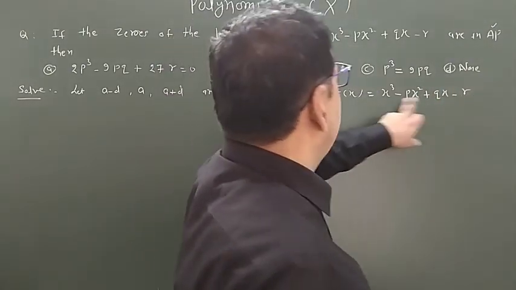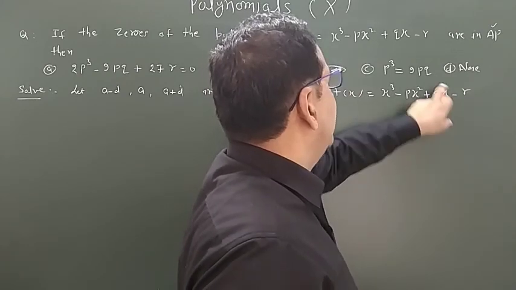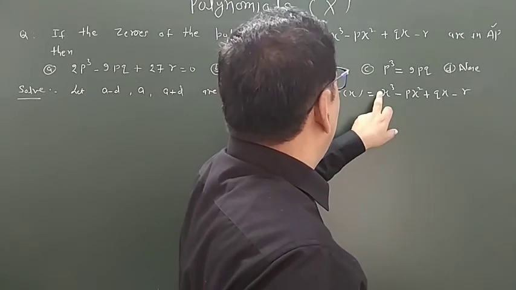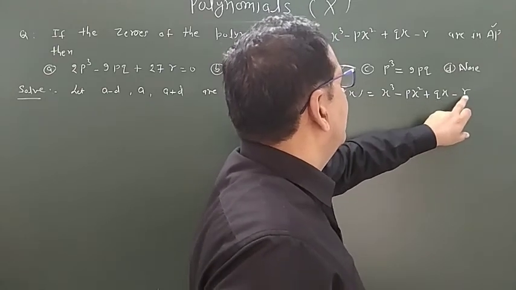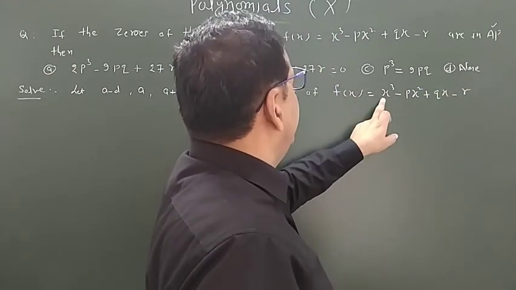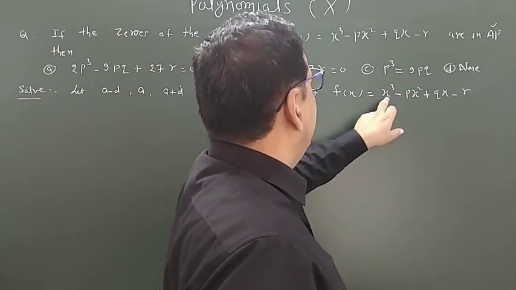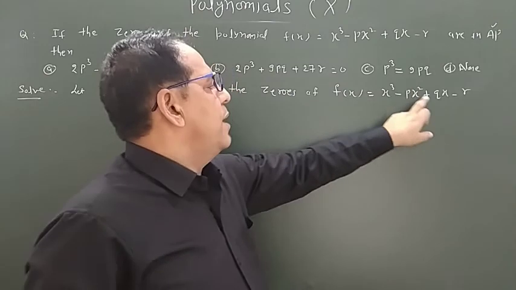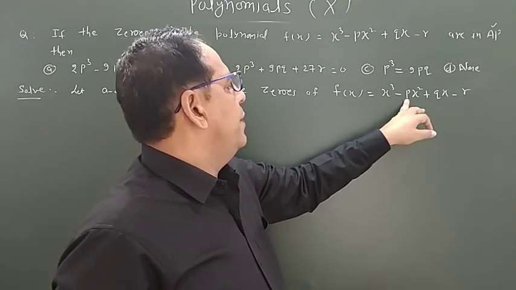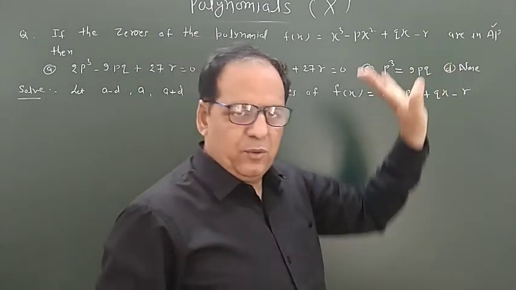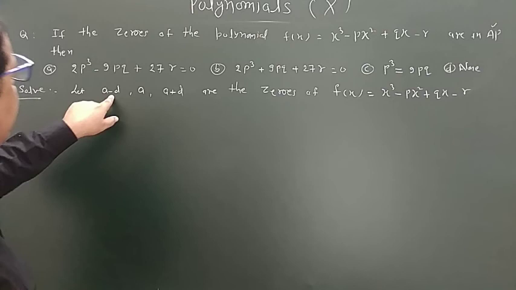If we compare this polynomial with the standard form of a cubic polynomial a x cube plus b x square plus c x plus d, then we have a equal to 1, b equal to minus p, c equal to q and d equal to minus r. The three zeros alpha, beta, gamma are taken as A minus D, A, A plus D.